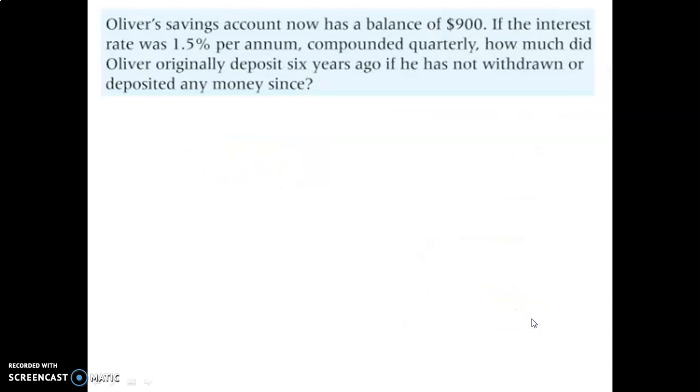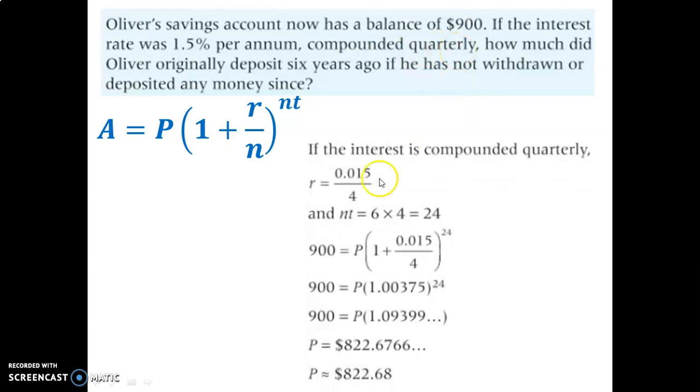All right, this one here, Oliver's savings account. Compounded quarterly, so that means 4 times per year. So the quarterly interest rate is the annual rate divided by 4. So every quarter, the rate will be this, and that's what goes in the formula.